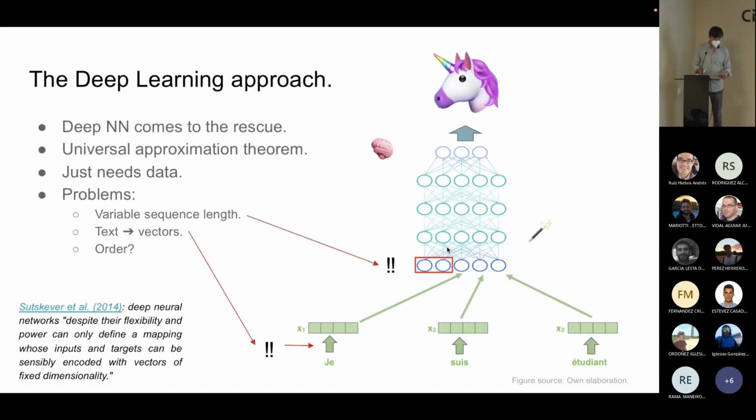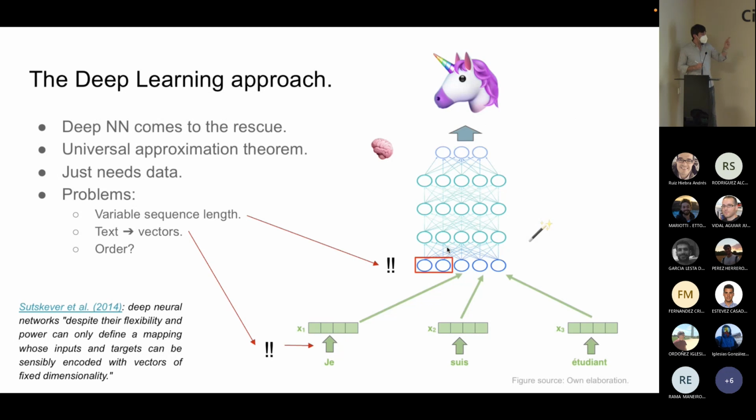What is the neural network, the deep learning approach? Well, we just have the feed-forward neural network that is, for us, the holy grail, the thing that solves all the problems, and we just throw the problem at it and we hope that it will solve it for us. But there are a few problems.